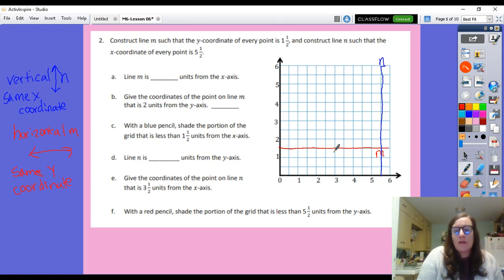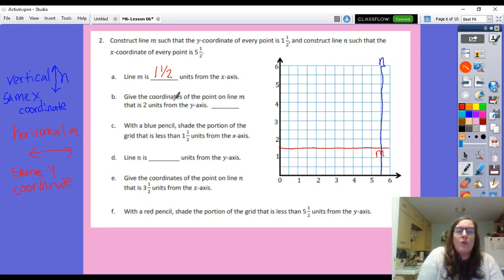So if we look here on this whole line, they all have the same y coordinate. So line M is how many units from this x-axis? That was the other big part of our learning intention, that we were going to figure out that they are certain distances from the x and the y axis. So line M, if I start here on point 1, it's 1.5 units away. It's the same thing if I'm all the way here at the end of my coordinate plane, it's still 1.5 units away.